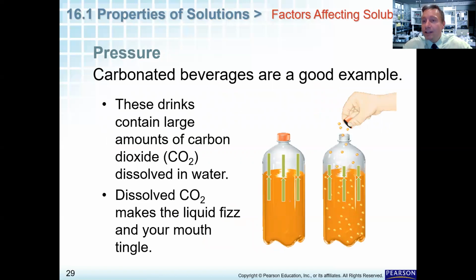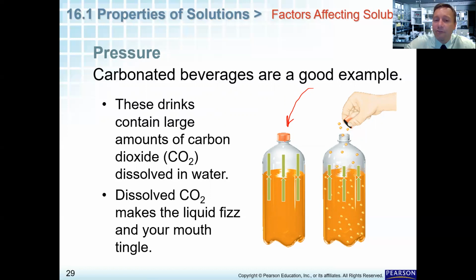Soda is a great example of this. Carbonated beverages are a good example. These drinks contain large amounts of carbon dioxide dissolved in water, or the sugar solution or diet solution, whatever it is that they're making the soda out of. So what do they do? They pump carbon dioxide into the container before they put the lid on.